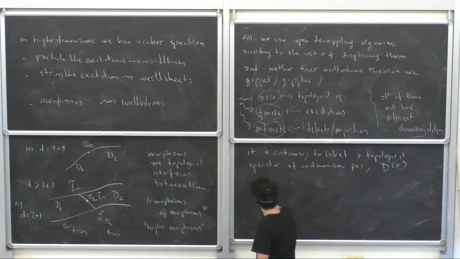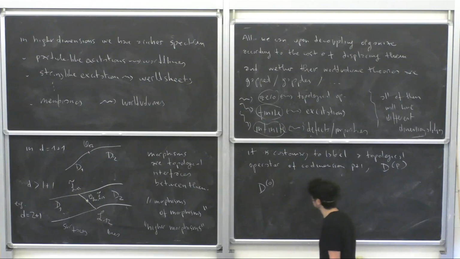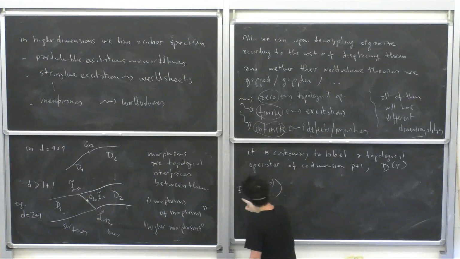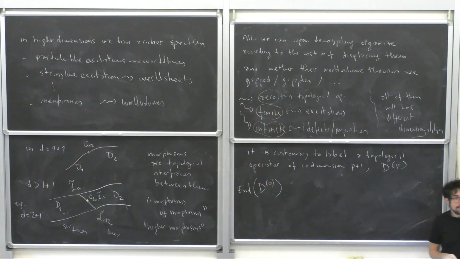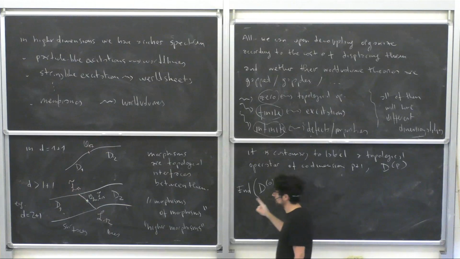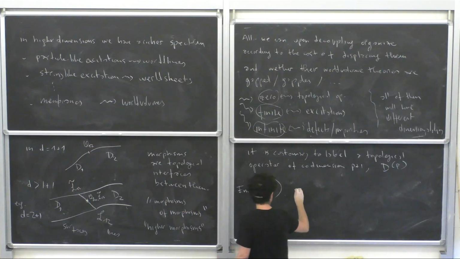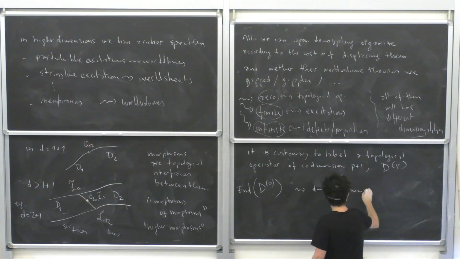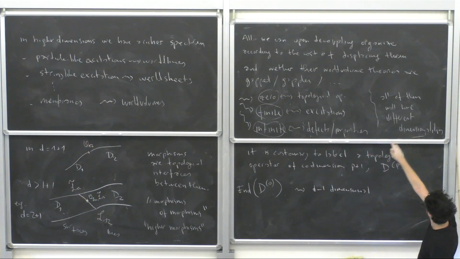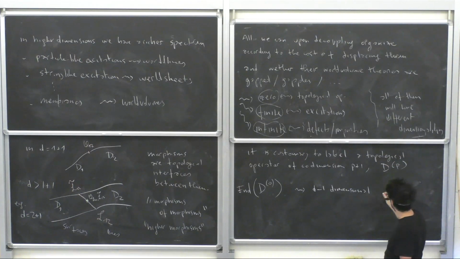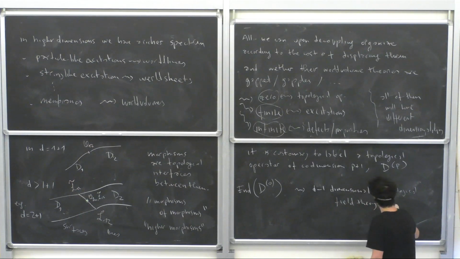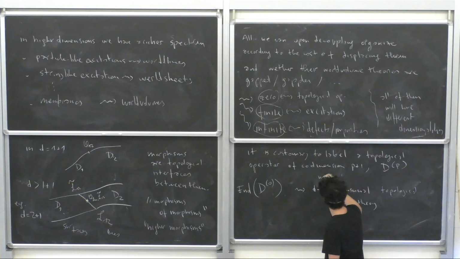So in this case, we have our objects. They are the D0. And what is the structure of the morphisms that we expect? The D0 will be a d minus 1 dimensional object, and according to our way of organizing them, we expect to have a d minus 1 dimensional topological field theory that lives on it as a worldvolume theory.